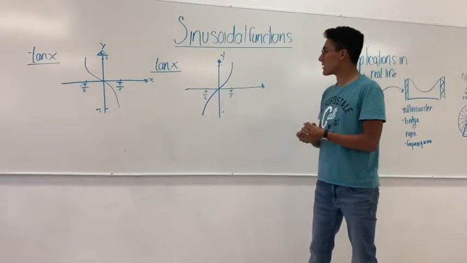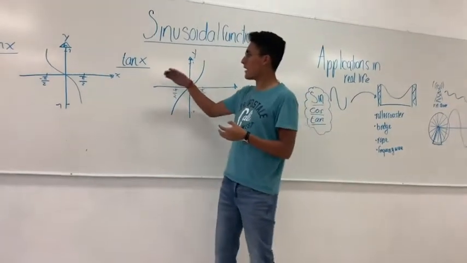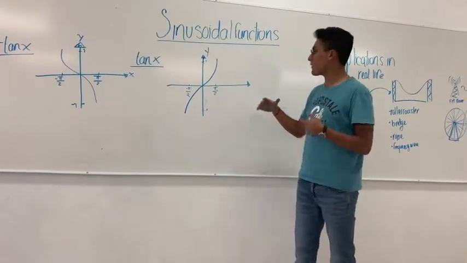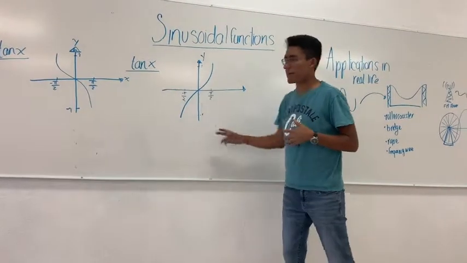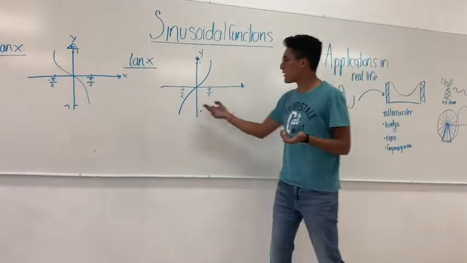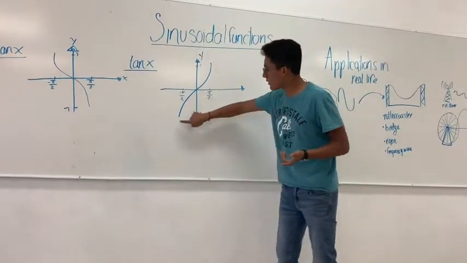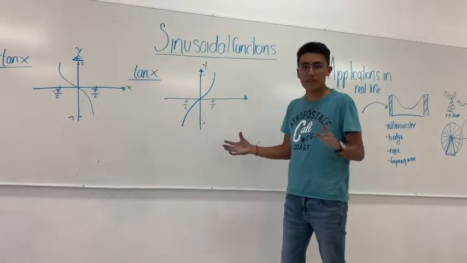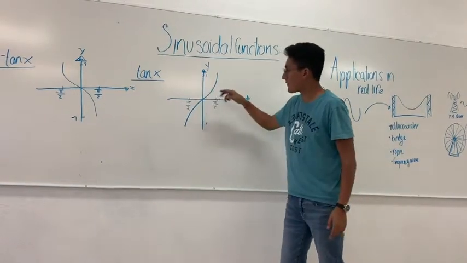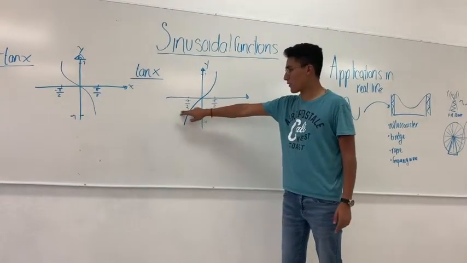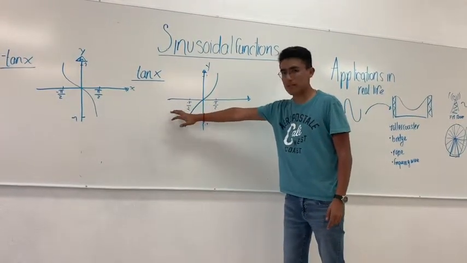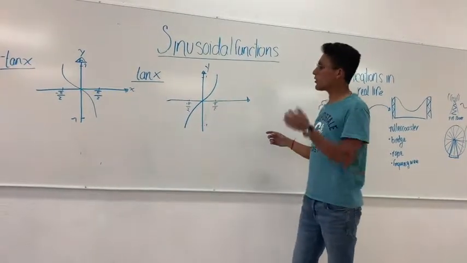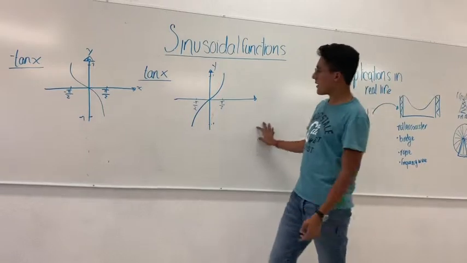Hi, I'm Carlos and I'm going to talk about the tangent function. As we saw, the cosine and sine are very different from this graph we have right here. In here the graph will just cut in some specific places along the graph. And it will have a period from minus pi over 2 to pi over 2, so it will have a period of pi.